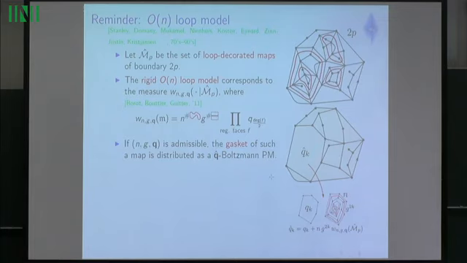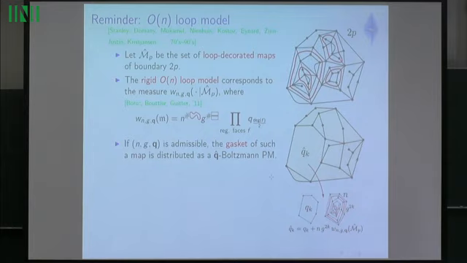Now, Gregory also mentioned that if you take these weights to be sufficiently small, so this being admissible, then the gasket of my planar map, so what is the gasket? The gasket corresponds to taking the planar map, removing all the loops and their interiors. So I just get a bipartite planar map.